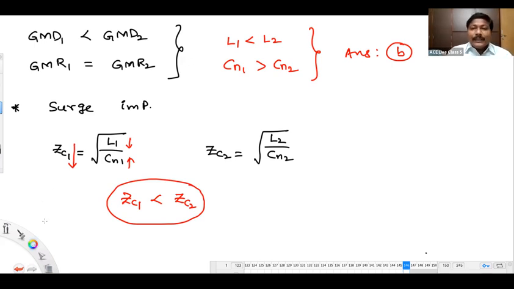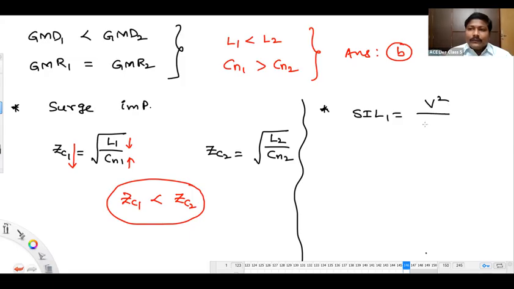So let's compare surge impedance loadings. SIL1 is voltage square by ZC1, and SIL2 is voltage square by ZC2. ZC1 will be less, so SIL1 will be higher.